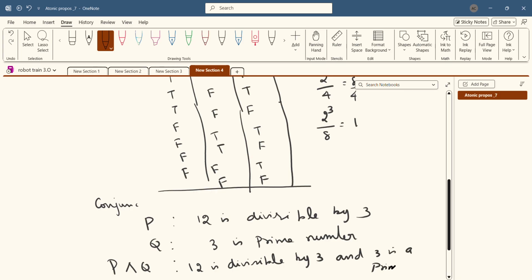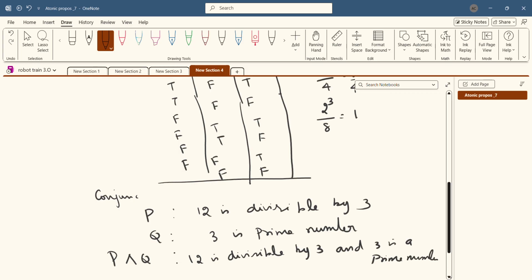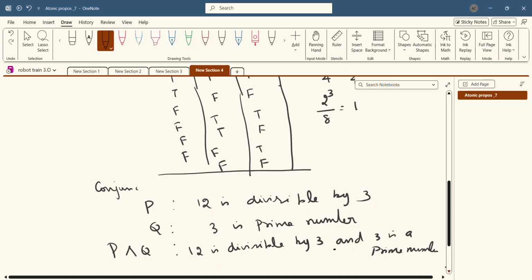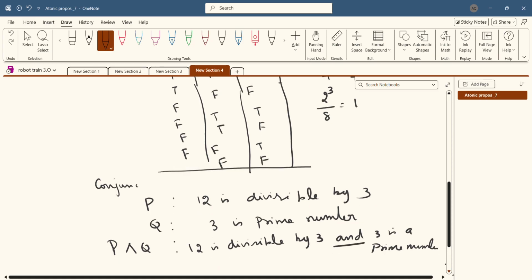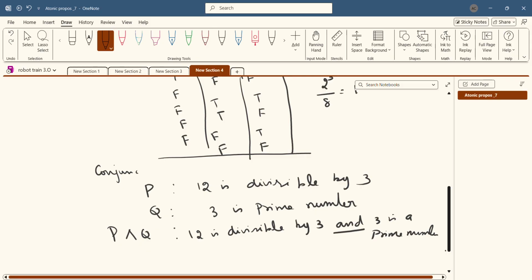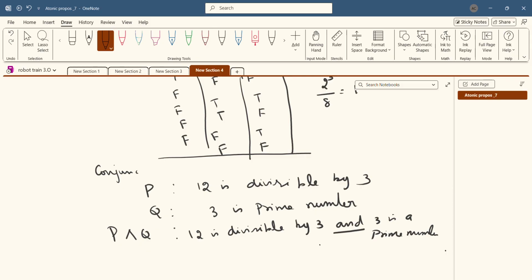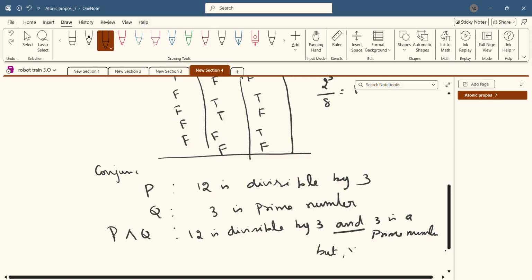Here the connective is and. Sometimes, instead of using and, we can use yet, but, nevertheless also.